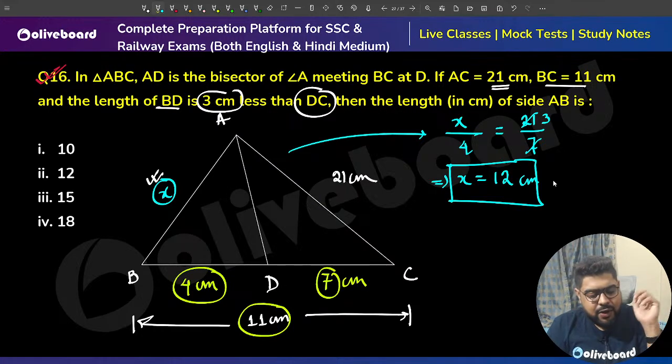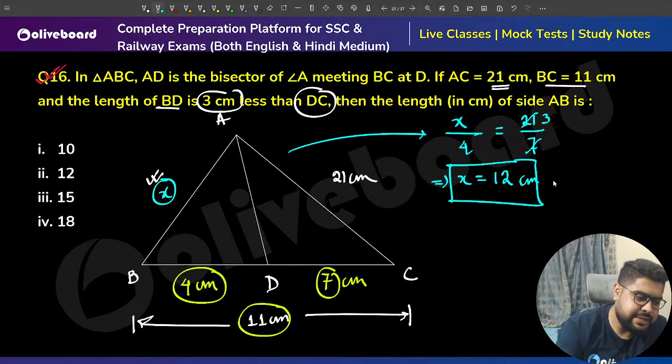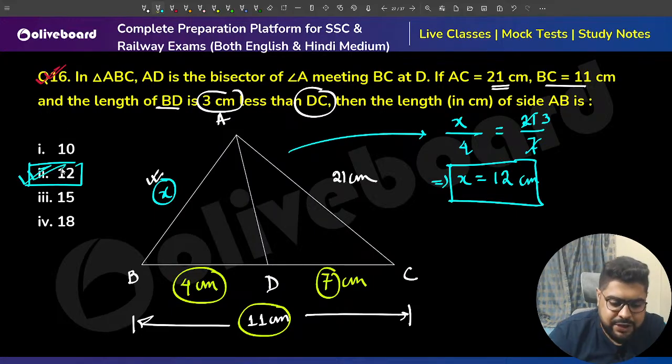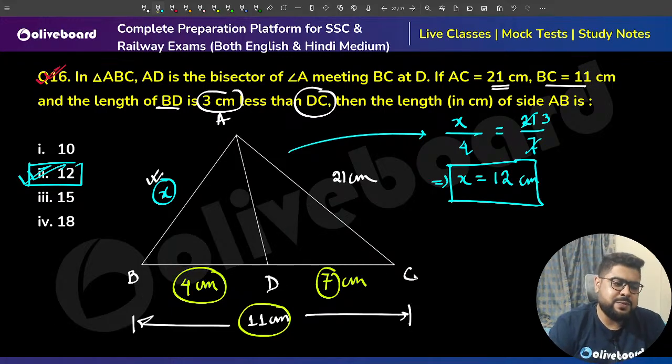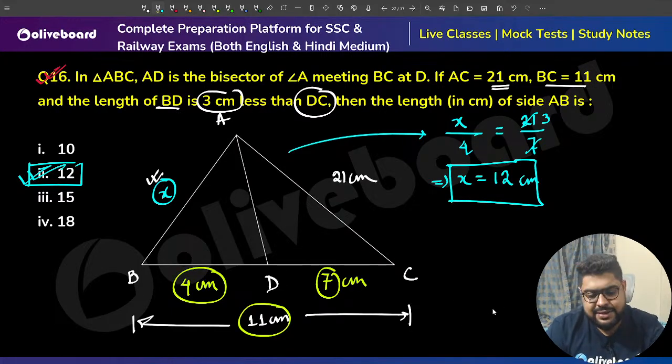That is how you should proceed. Reena, Sashi, all of you were absolutely correct. Option number 2, 12, is most definitely the correct answer.